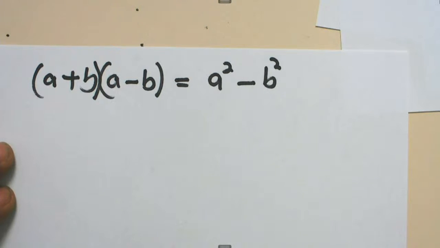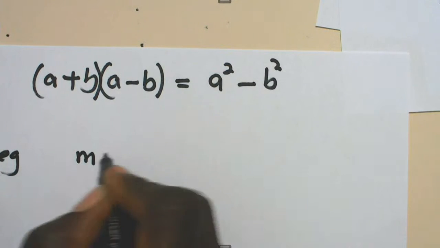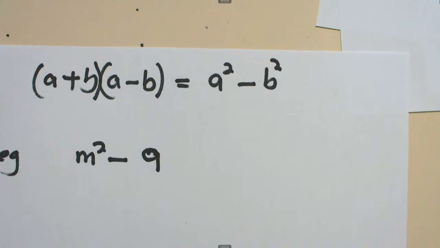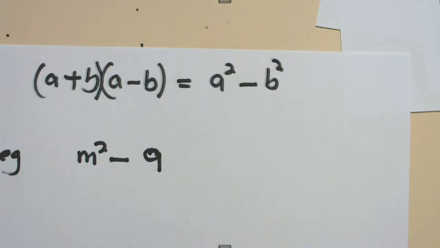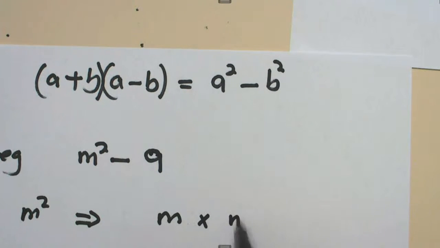Let us see if we have an example. m squared minus 9. Firstly, remember, you have to find the factors. Remember our key things, our procedure. You have to find the factors of each term. The factors of m squared is m multiplied by m.